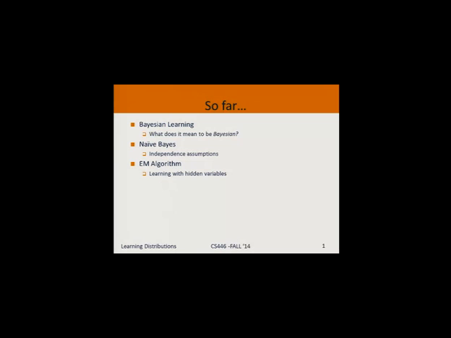And last time we talked about EM, basically a general paradigm to learn in the context of latent variables, hidden variables. And then we closed last time by showing another link to discriminative learning.